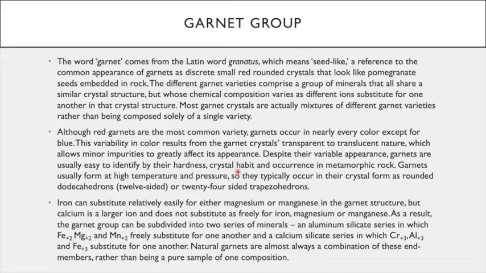The one is an aluminium silicate series, in which iron, magnesium, and manganese freely substitute for one another, and a calcium silicate series in which chromium, aluminium, and iron substitute for one another. Natural garnets are almost always a combination of these end members rather than being a pure sample of one composition.